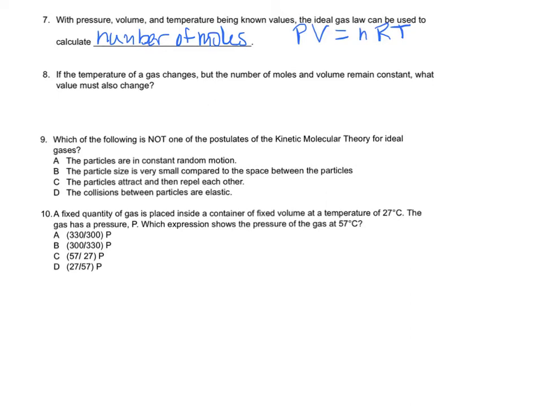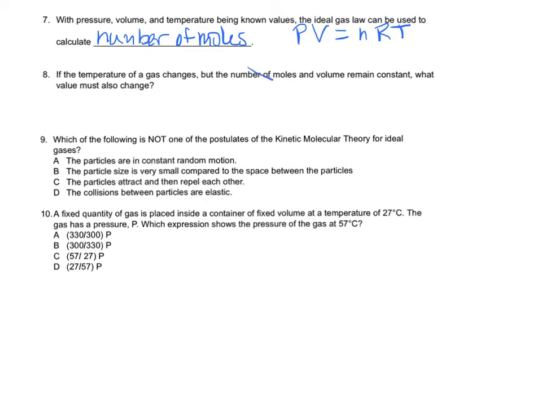If temperature of a gas changes, but the number of moles and volume remain constant, what value must also change? Okay, so if we're keeping our moles and our volume constant, there's only 4 things that you can mess around with in gases. You can mess around with pressure, volume, temperature, and the number of moles.